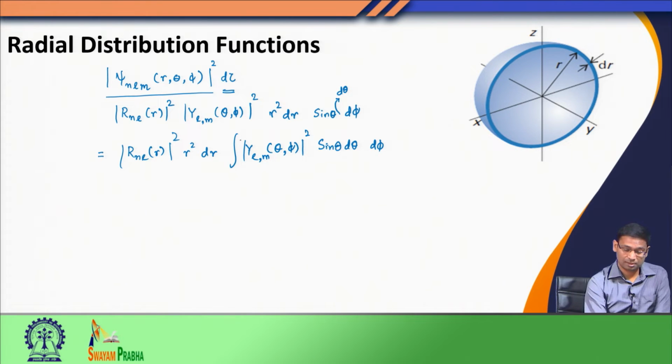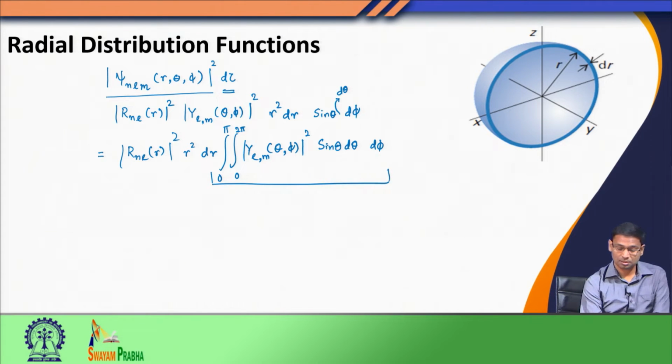So, I am integrating over 0 to pi for theta, and 0 to 2 pi for phi. Since I have the radial part and angular part separately, and these functions are the spherical harmonic functions, they are individually separately normalized. So, when I evaluate these terms, I would actually get 1.